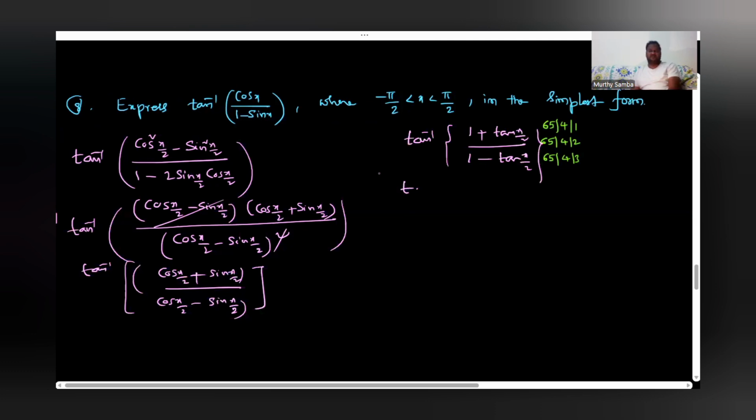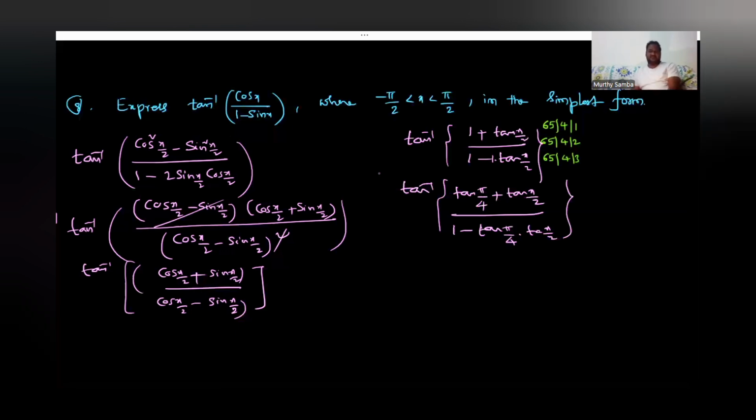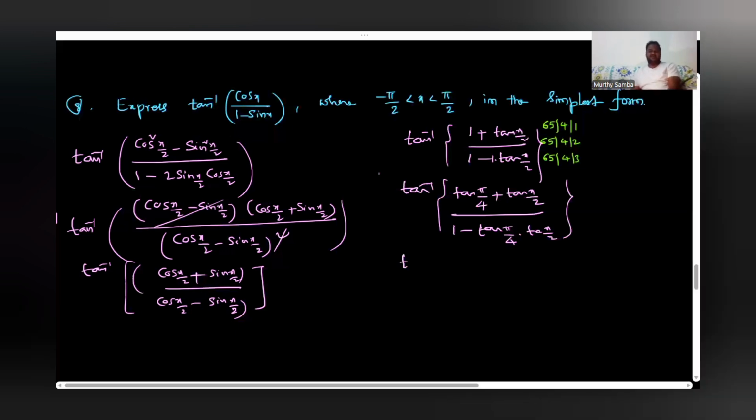I am writing this 1 as tan 45 degrees, right? Plus tan x by 2 divided by 1 minus tan x by 2. You can write it as 1 into tan x by 2 also. Instead of this one, you can write tan pi by 4 into tan x by 2, right? So this is in the form of tan pi by 4 plus tan x by 2 by 1 minus tan pi by 4 tan x by 2, which is tan a plus tan b by 1 minus tan a tan b, is going to be tan inverse. This is what?